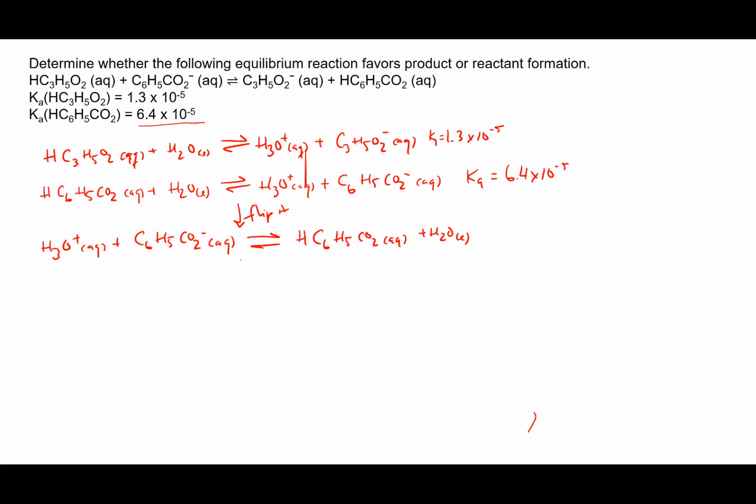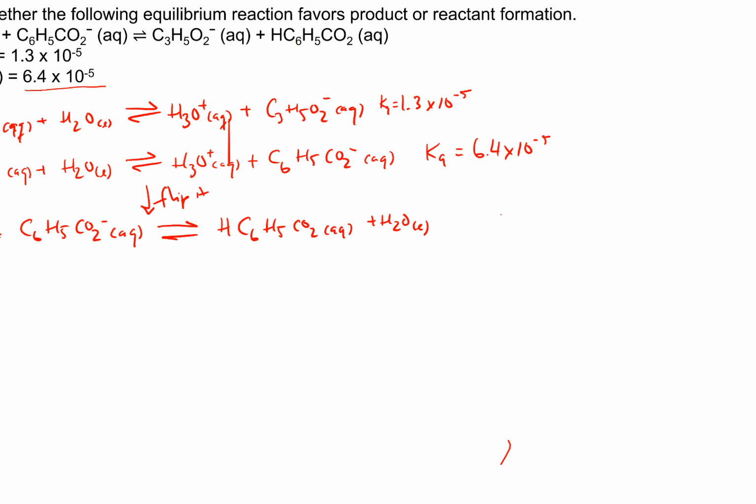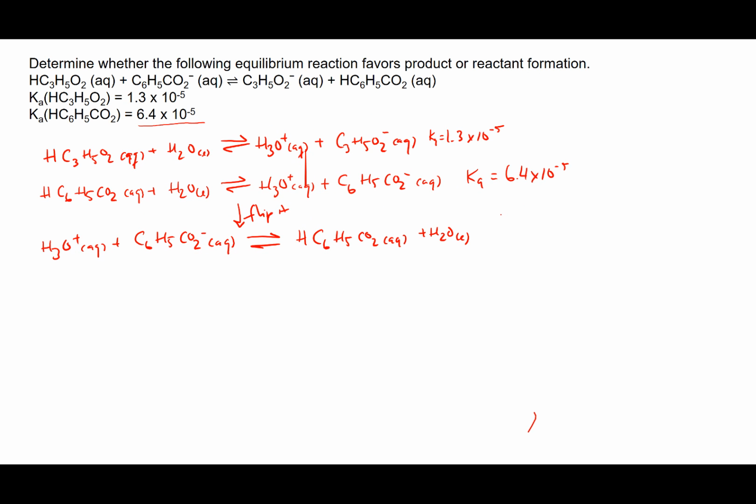So we flipped it right here. That means we have to flip our equilibrium constant as well. So now the K for this reaction is going to be 1 over the Ka that we had. That will be 1 over 6.4 times 10 to the negative 5th in this case.